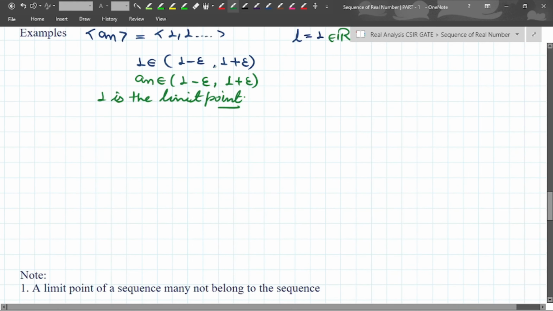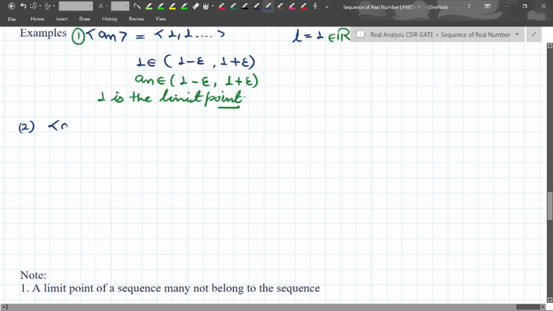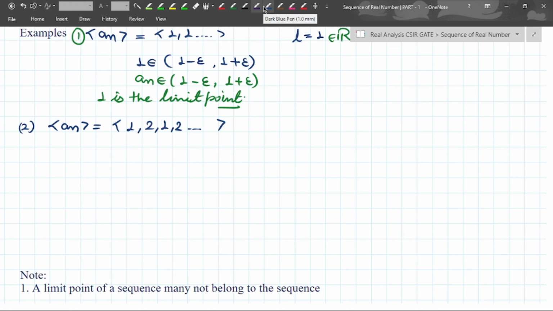For example, if I take one more example here, this is the first example, and if I take a second example, for example, a sequence is given that is 1, 2, 1, 2. Now see what the limit point of this is.